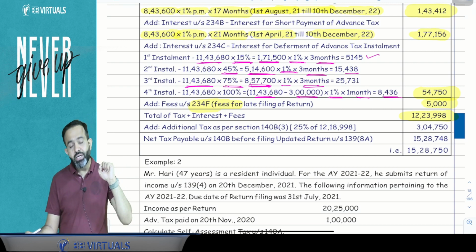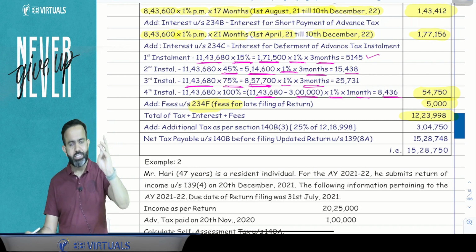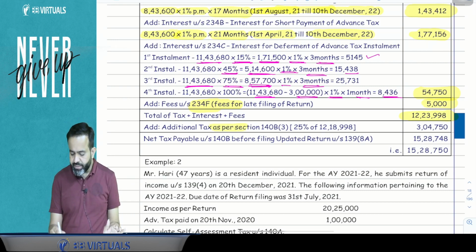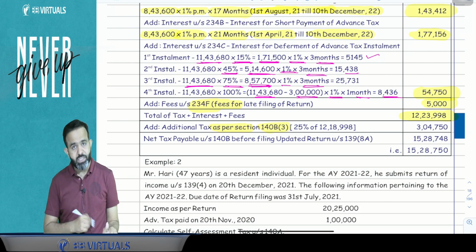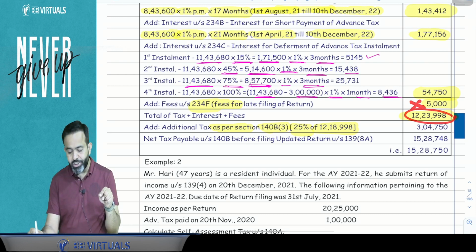Now one more point, guys, this additional tax of 25%, it is not applicable on the fees. It is applicable only on the tax, health and education cess, surcharge and your interest. So here additional tax as per section 140B subsection 3 is 25% of 12,18,998. Here it is 12,23,998, but on this 5,000 rupees additional tax is not applicable.